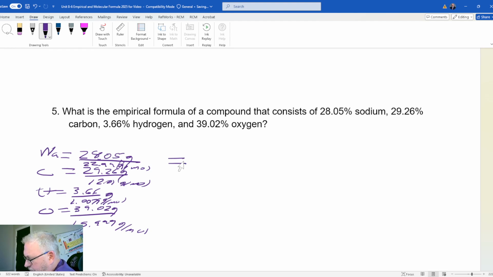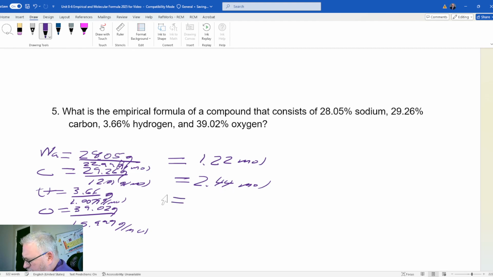28.05 divided by 22.99. So I get 1.22 moles, and those are moles of sodium. Carbon, 29.26 divided by 12.01, 2.44. Oops, I'm seeing a pattern here. 2.44 moles.